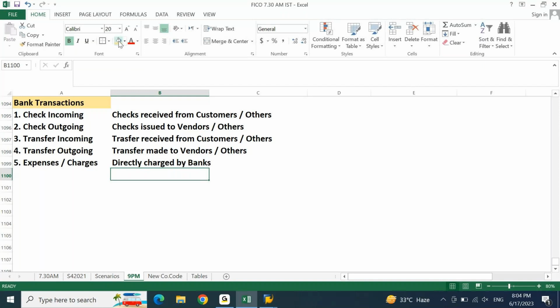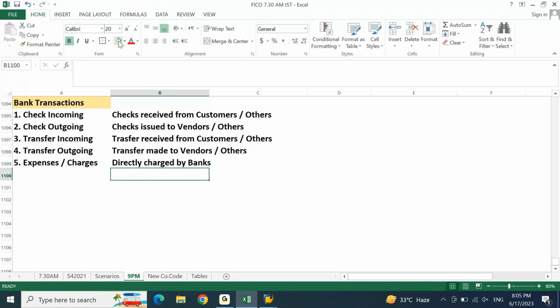You have no control over it. You do not know why the bank is charging, for what purpose. Agree? Unless and until you see the statement, you do not know why a late payment fee is charged, why interest is charged, or why a transfer fee is charged. Agree? You may have expenses or charges for various reasons. You will come to know the charges and expenses only when you look at the statement. Am I correct?